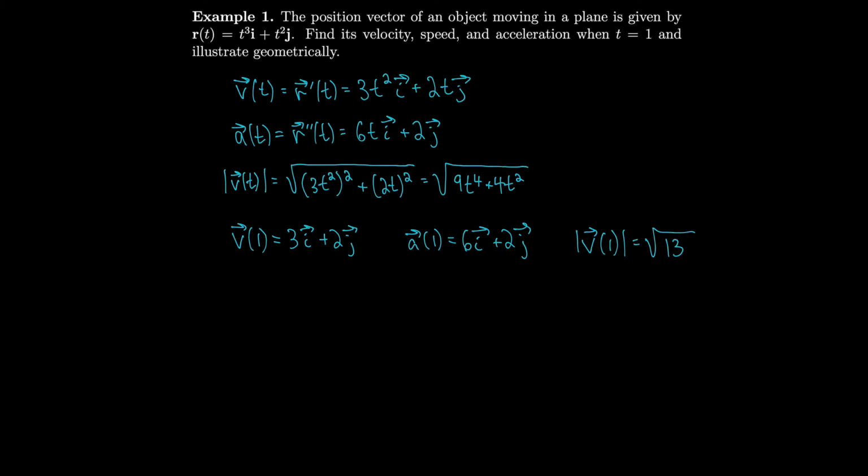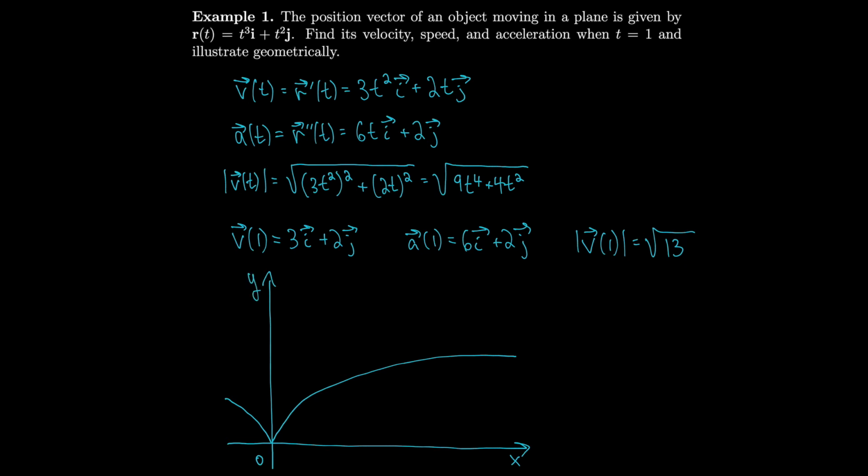Okay, let's see if we can illustrate this now. How about I try drawing what our position curve looks like. It's this interesting kind of shape, sort of like that. And I would like to draw velocity, so I'll use another color.